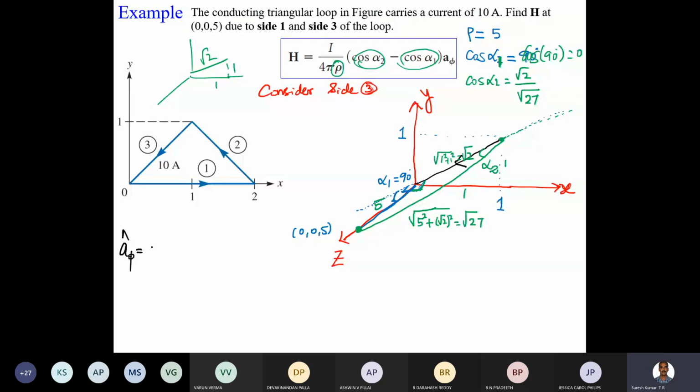What is the general formula? Unit vector representing the direction of current flow, and the vector is a radial vector connecting the source and observer. Now, the question is, what is the AL vector? Please find the AL vector. I don't want to mess with this picture, I will draw it separately.